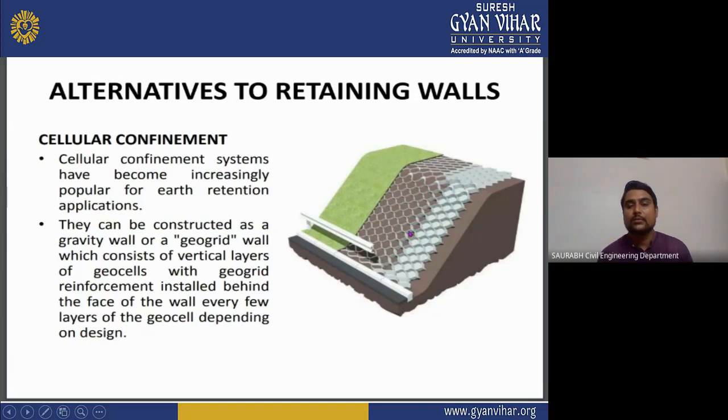Now we will also know what is the alternative to the retaining wall. Cellular confinement systems have become increasingly popular for earth retaining applications. They can be constructed as a gravity wall or geogrid wall, which consists of a vertical layer of geocells with a geogrid.